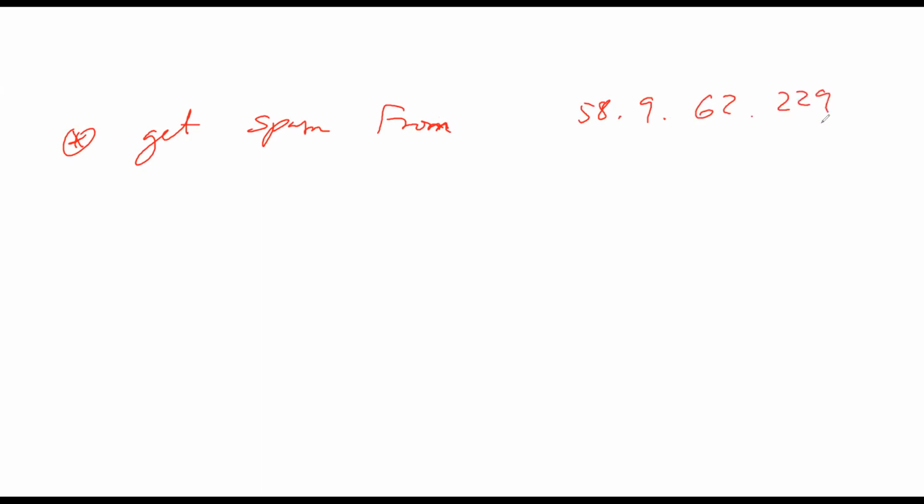So let's say you're getting a lot of spam from that, and you just want to know who does this belong to. So you can do a reverse lookup. We talked about the zones, so you can do a reverse lookup and type something like dig -x and then 58.9.62.229, and hopefully you'll get who it is that is spamming you.